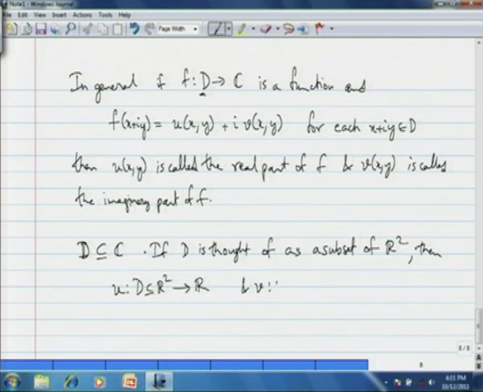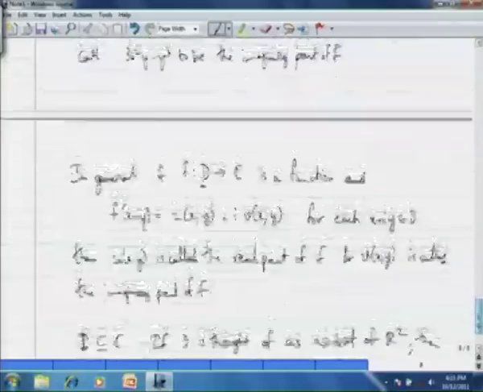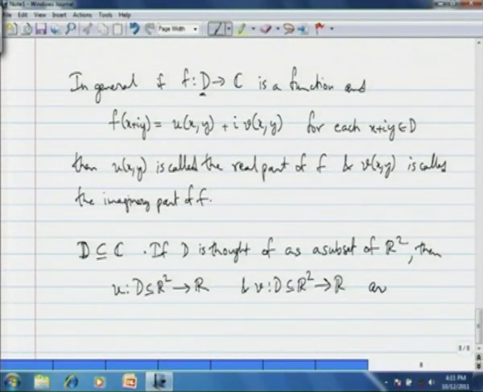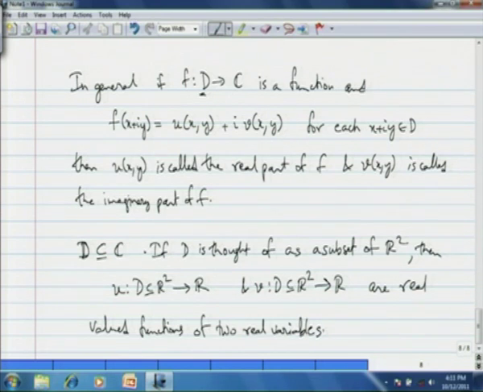And v from D contained in R2 to R. Both are real valued functions of two independent real variables x and y.